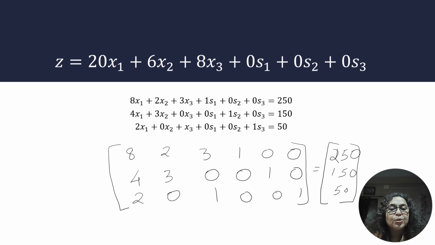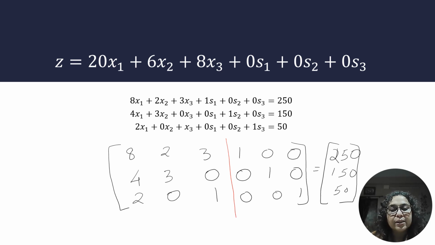Now you can see that we have a set of three equations, but there are six variables. So we can only have a solution for three variables. Now one thing you can notice over here is that this part is an identity matrix.